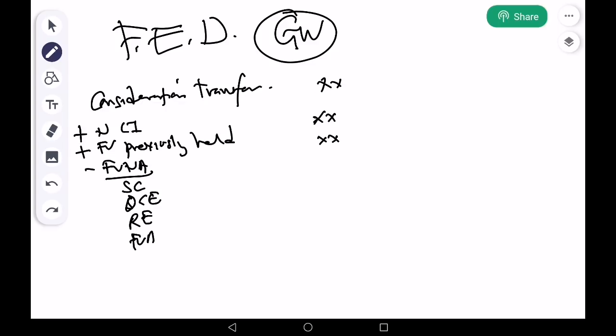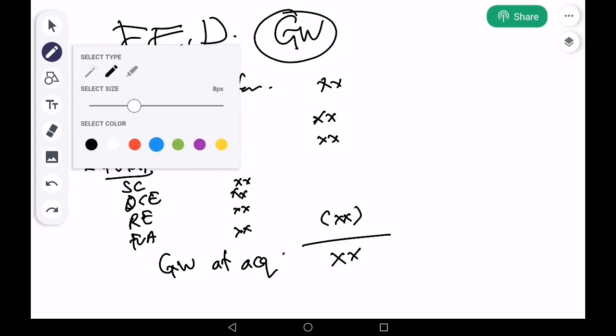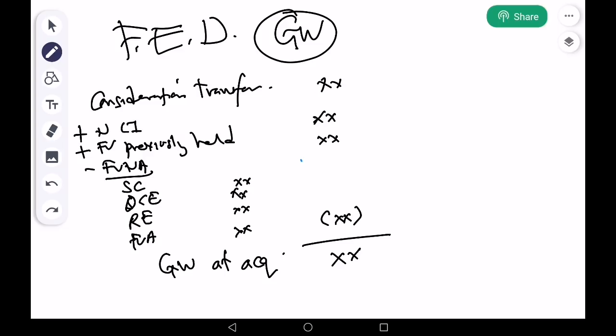Fair value adjustment. We just want to recall you the formula of goodwill, so you get this. This we call goodwill at acquisition. Okay, at the acquisition date. Class, as I remind you, all this is considered at acquisition.